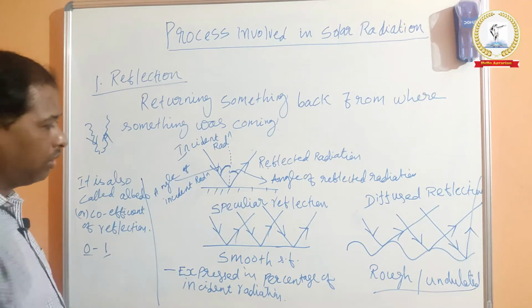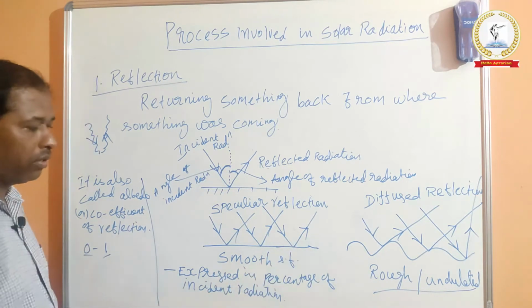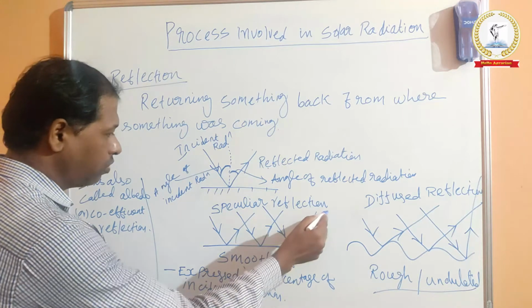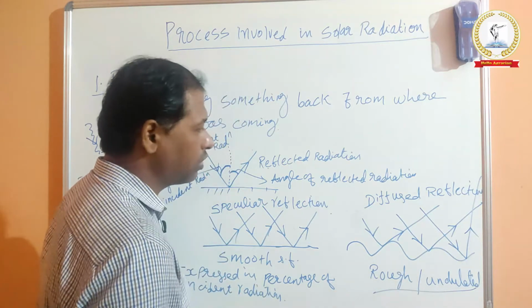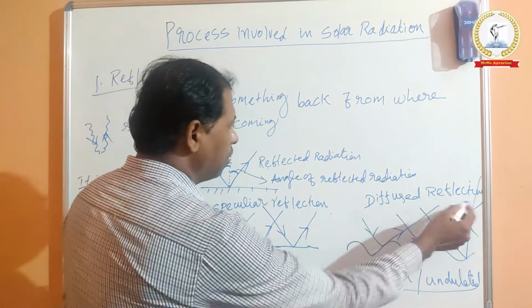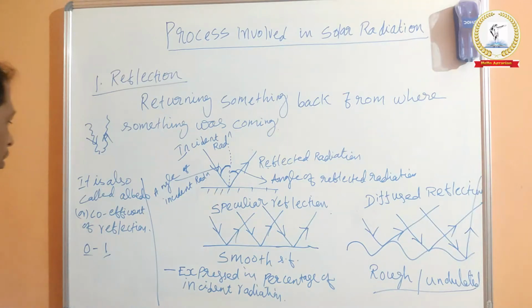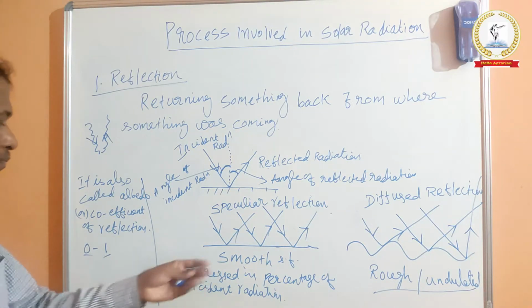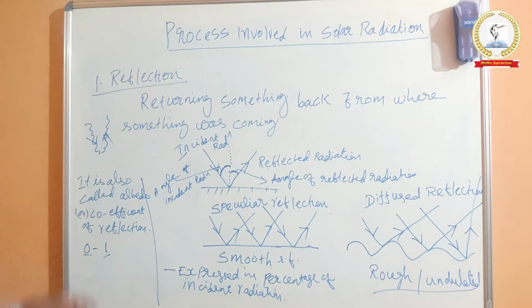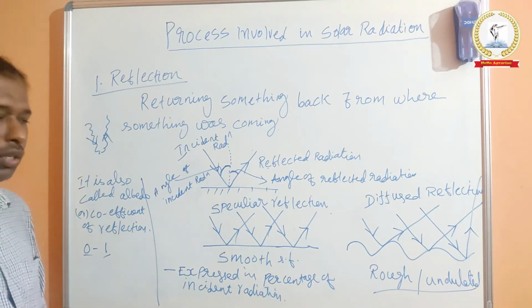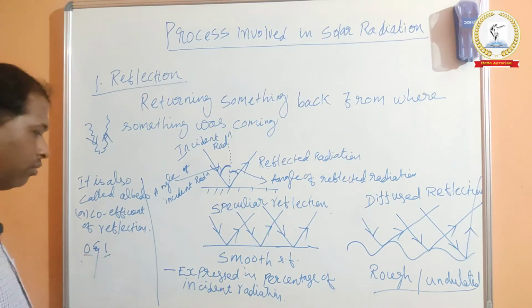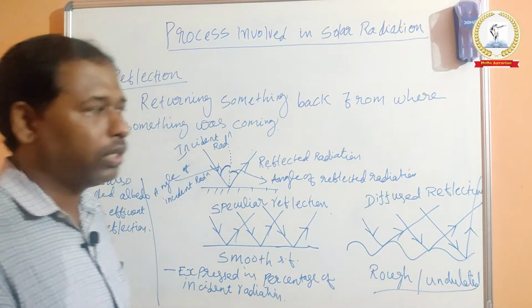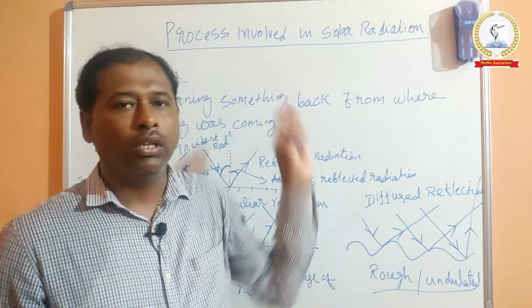On a smooth surface it shows specular reflection, whereas on a rough or undulated surface the radiation shows diffused reflection. It is expressed as a percentage of incident radiation. It is also called albedo, or coefficient of reflection, and ranges between 0 and 1. So this is all about reflection.